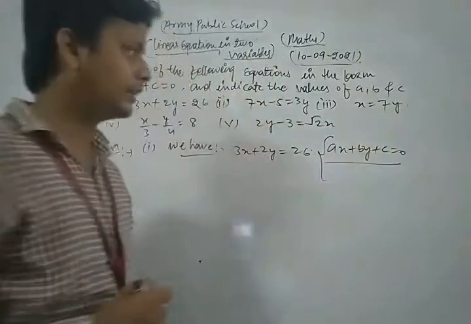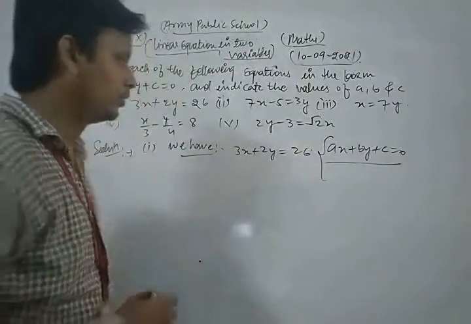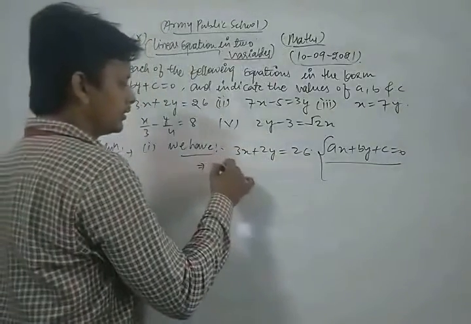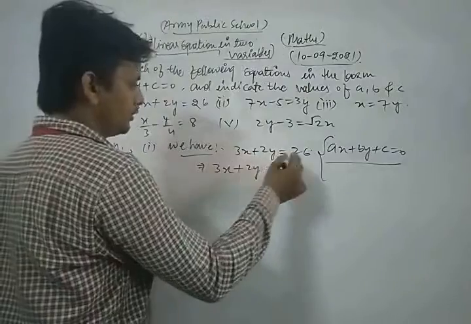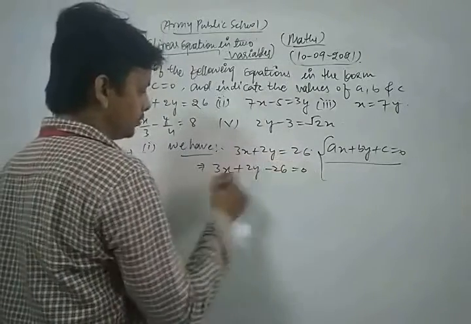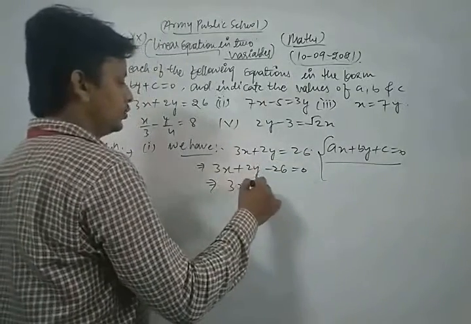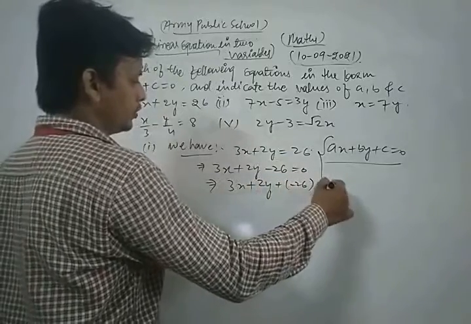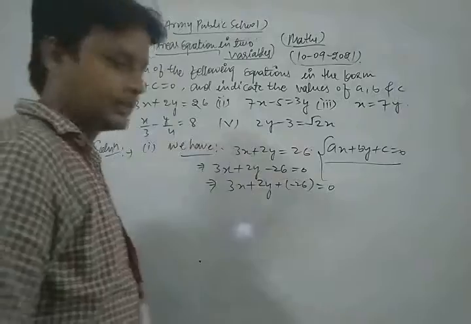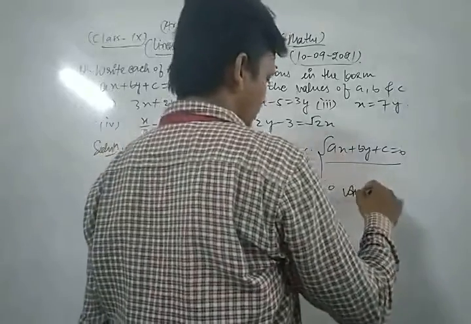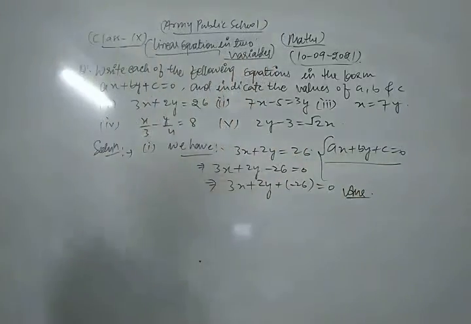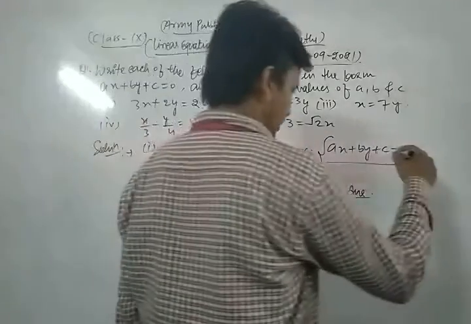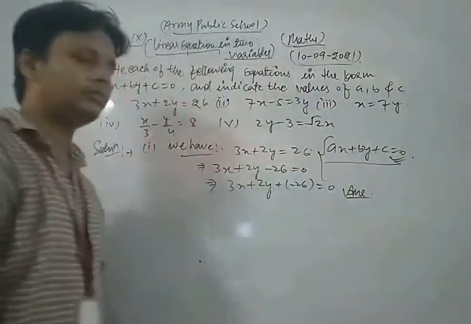We write every equation in this format. So here we can write 3x plus 2y, we transfer 26 to that side, minus 26 is equal to 0, or we can write 3x plus 2y plus minus 26 is equal to 0. Now this is the required form of the linear equation in two variables.